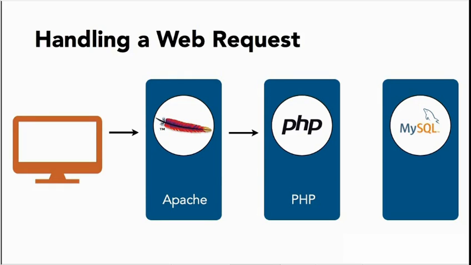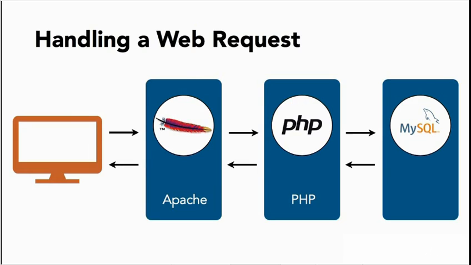The PHP server interprets the script and executes it. Along the way, it might need to communicate with the MySQL database server, and if so, it sends the request as a query statement. And the MySQL server returns a response to PHP. Then PHP forms a response for Apache and sends it back, and Apache sends the response back to the browser.